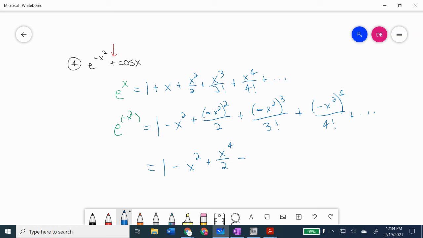That negative sticks around. I multiply my exponents, 2 times 3 gives me 6. And then my negative is to an even exponent, so it disappears. I multiply my exponents, 2 times 4 gives me 8.